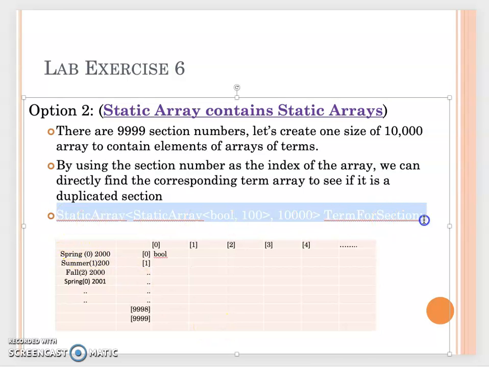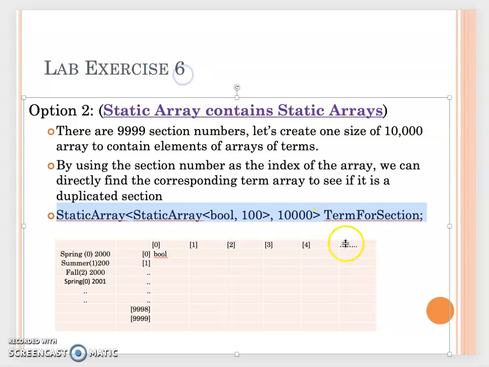Okay, so let me give you the answer. That's here. Since we already know the size, the first size is 10,000. Each of the 10,000 has all the terms, so that's the one dimension. My size is 10,000, that's for the section.